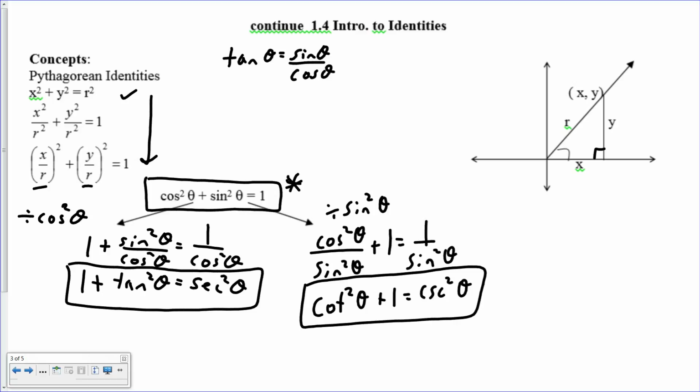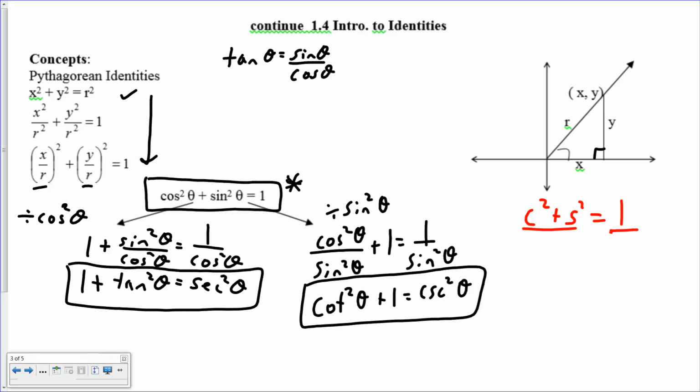Well, I would write down in shorthand cosine squared plus sine squared equals 1. And then I would think, okay, if they're tangents, how do I get a tangent? Well, I know it's sine over cosine, so I'm just going to divide both sides by sine squared. And then you're going to see that you're left with, well, this would be the cotangent. So let me back up on that. If you want tangent squared, it's going to be sine over cosine.